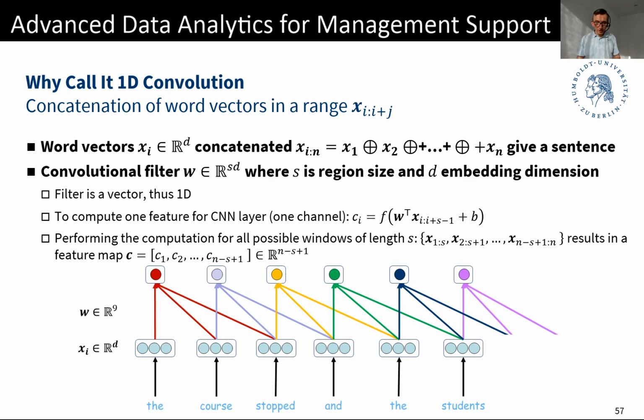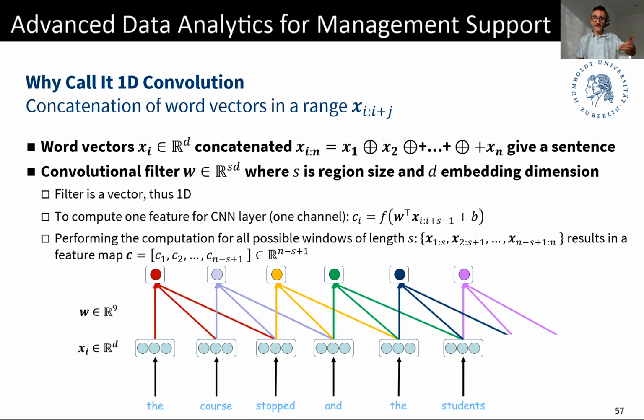And then we can use a convolutional filter, which is just a matrix of a bunch of numbers. And indeed, for text, it's a matrix W, which lives in the space R, has a certain region size S, and the total dimensionality of this filter, if you picture it as a flattened vector, then this vector will have elements S by D, right?